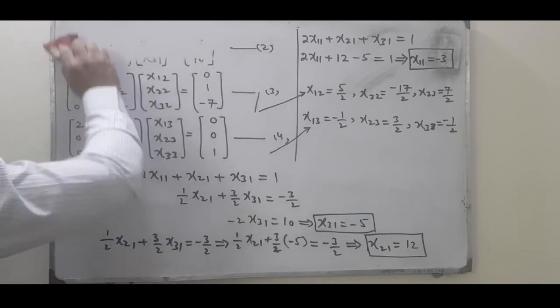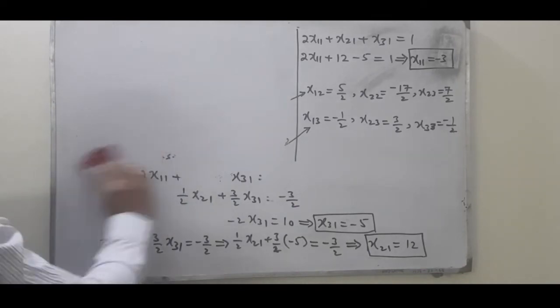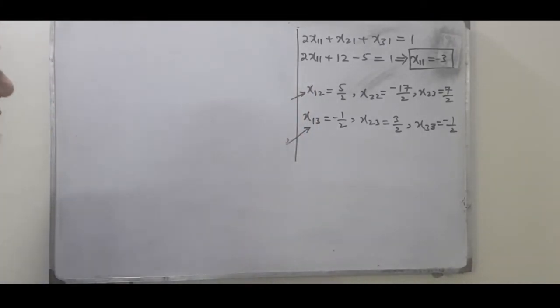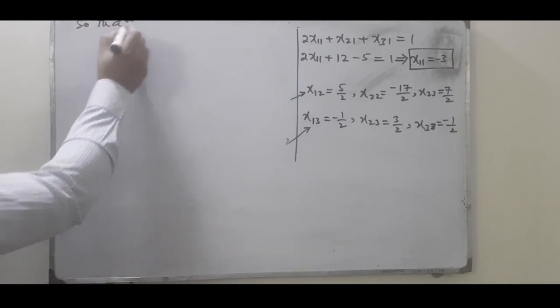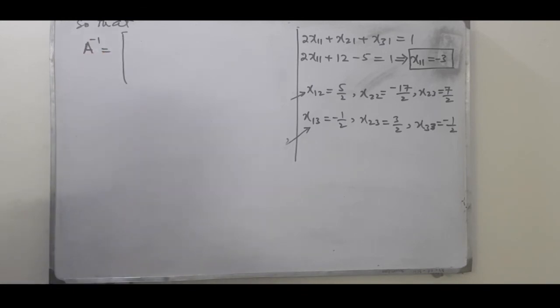Now we'll put them back into the matrix form. Okay, so the inverse of the matrix A will be now, you have to put all these values very carefully.